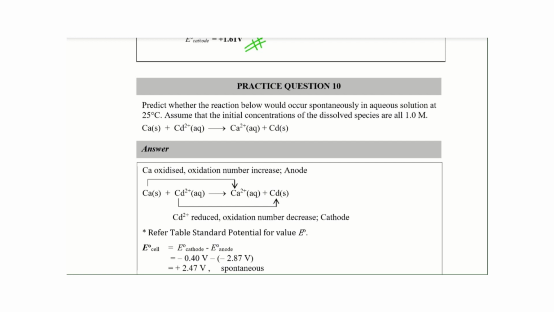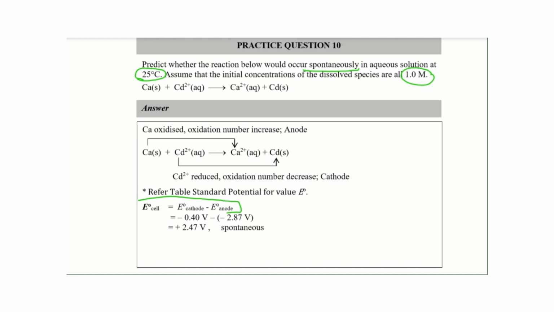To determine the spontaneity of the cell, we have to determine E0 cell, because the condition here is 25 degrees Celsius for temperature and concentration 1 molar. Can you understand? To determine spontaneity, it depends on E0 cell. If we get positive, it is spontaneous. If we get negative, that means non-spontaneous.